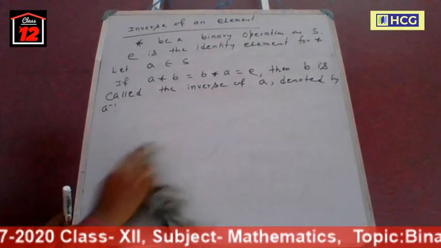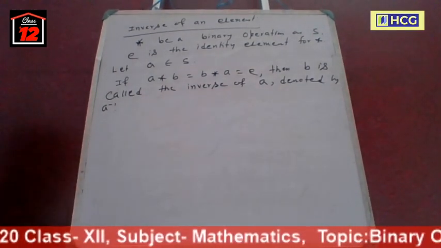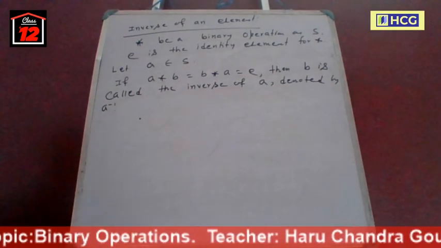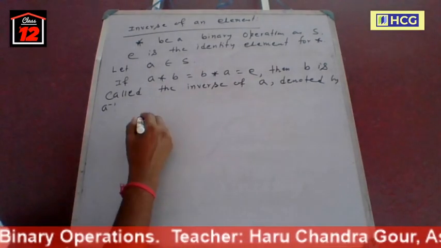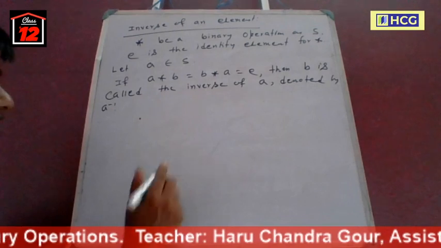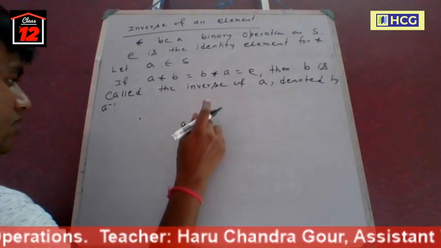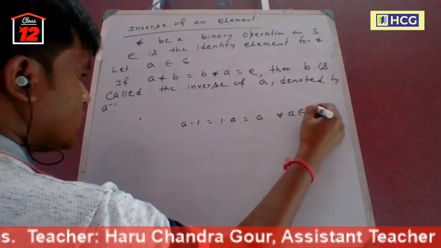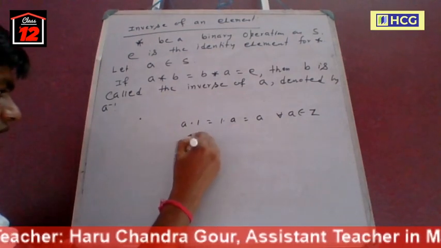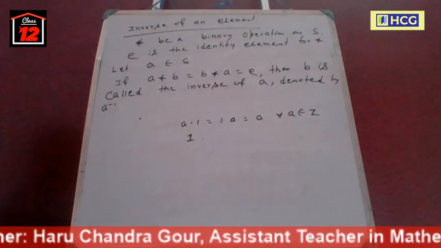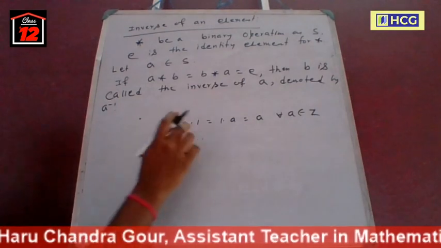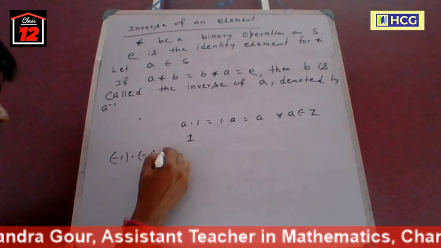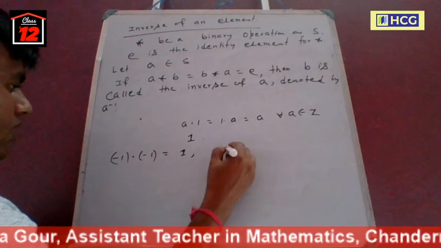Next example: the usual multiplication on the set of all integers. Now a dot 1 equals 1 dot a equals a for all a belongs to Z. So 1 is the identity element for the operation usual multiplication on Z. Now minus 1 dot minus 1 equals 1, and 1 dot 1 equals 1.